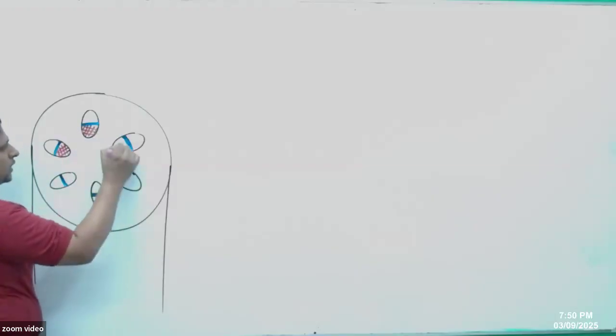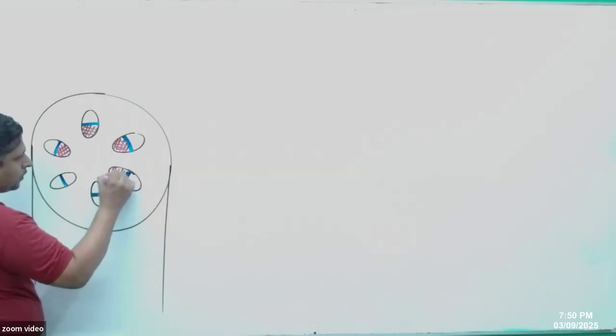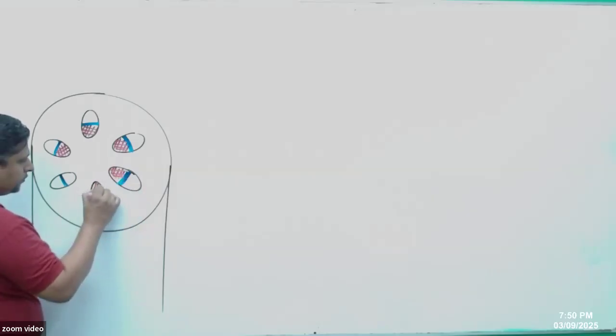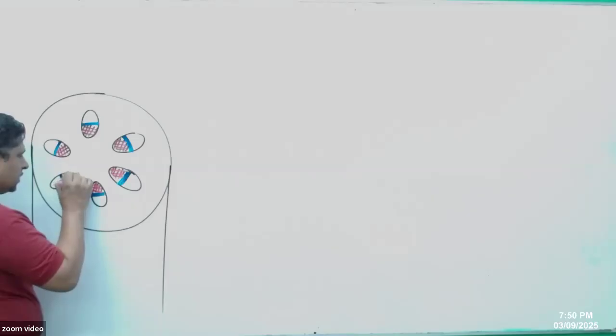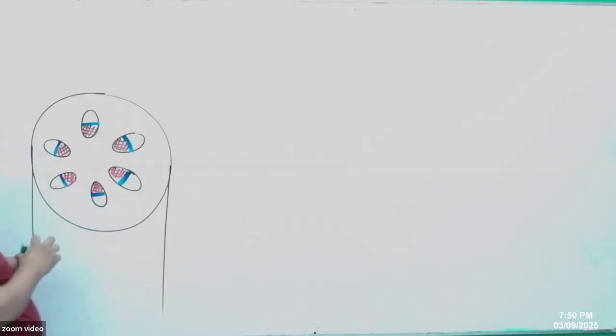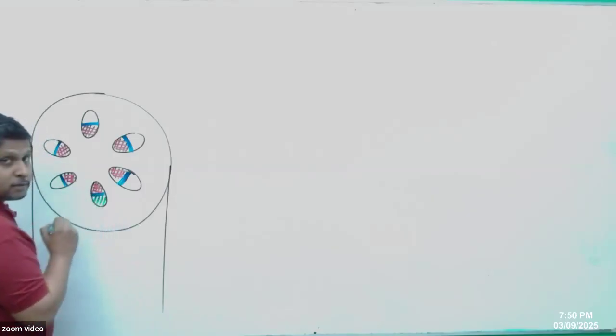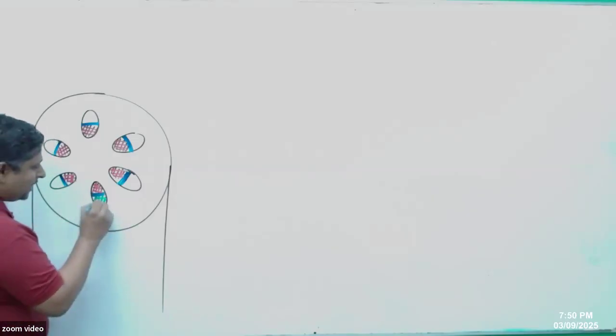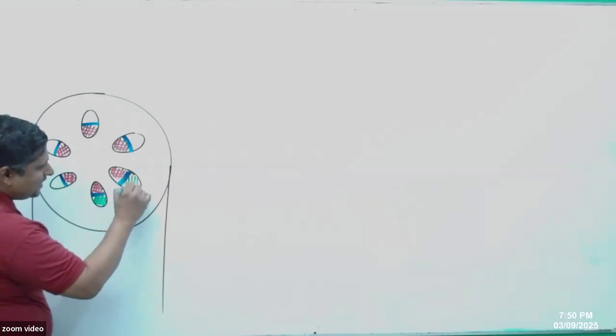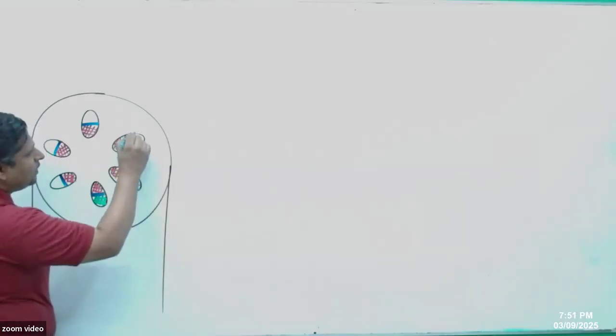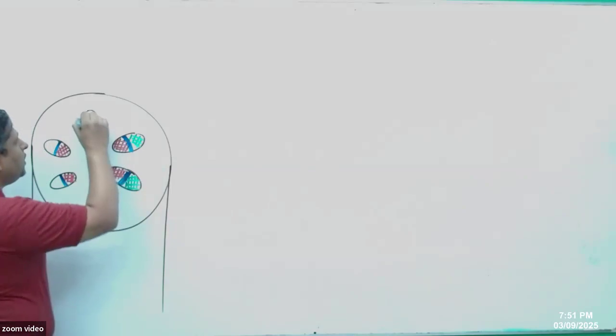This one is the primary xylem. Then I'm taking green color. The part that I color now is the primary phloem.